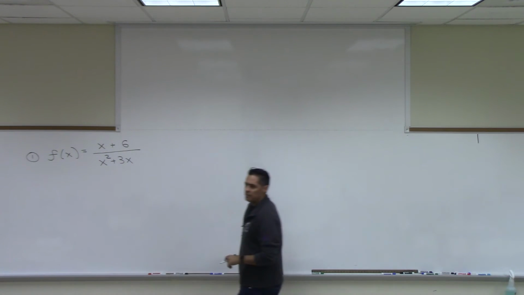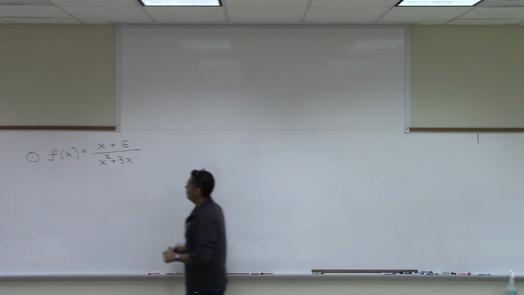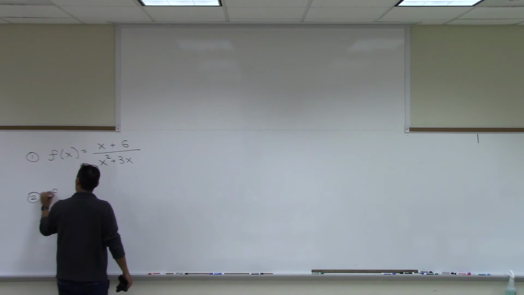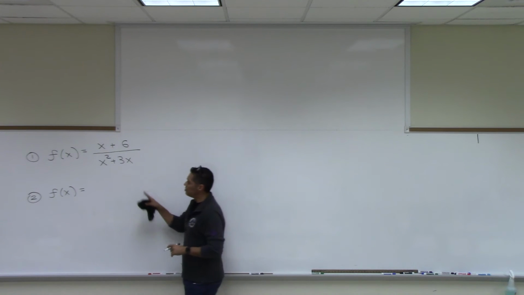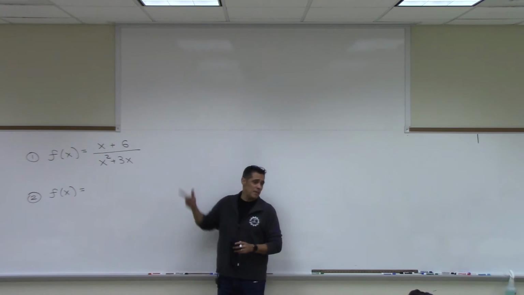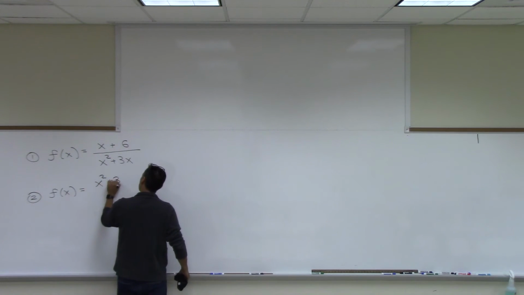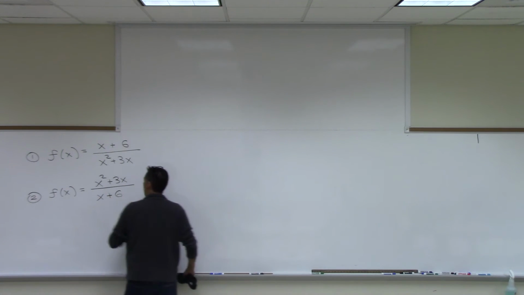That's a case 1. Number 2, I'm going to do a case 2. Case 2 is where the degree of the top is bigger than the bottom. So all I'm going to do is flip that one over. That would be case 2.